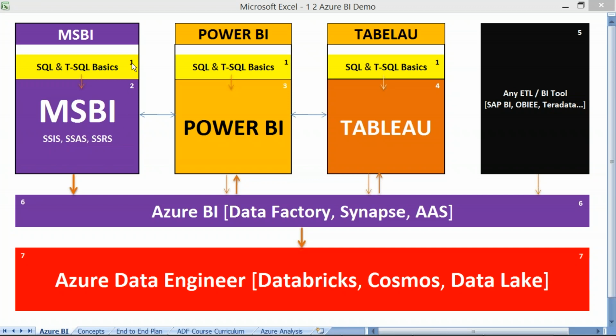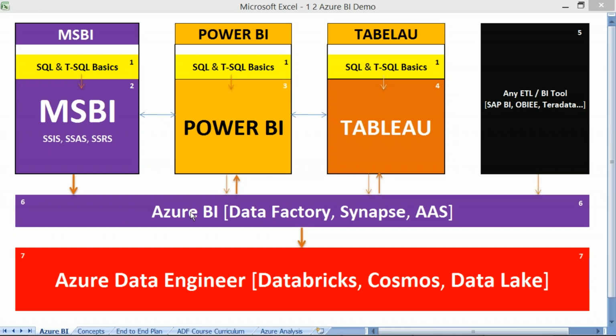So you're aware of 1 and 2 or the ETL components in Power BI or Tableau prep. If in case you are from Tableau, you are aware of, preferably again SSIS because there will be a lot of migrations. Then you can step into number 6, Azure BI.